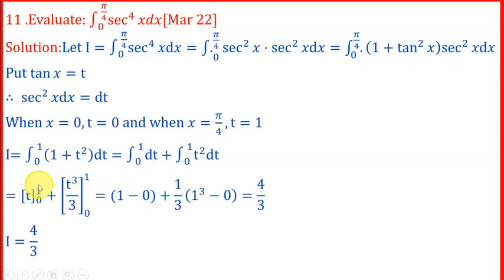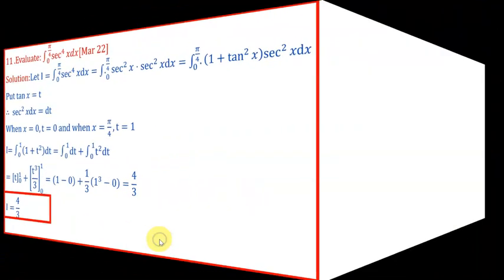Upper limit minus lower limit: you will get first 1 minus 0 and plus 1 by 3 into (1 cube minus 0). Overall you will get 1 plus 1 by 3, which means 4 by 3. Hence I is equal to 4 upon 3.